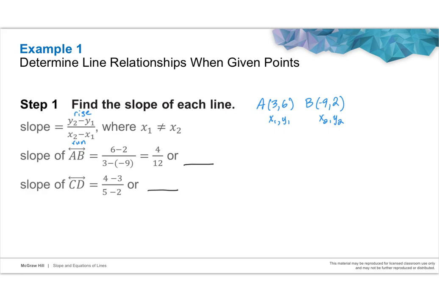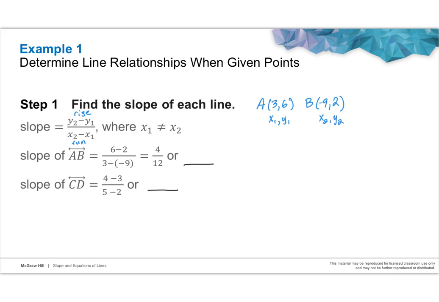Y1 minus y2. Notice the formula has y2 minus y1. Did that on purpose because it does not matter which point you label as x1, y1 versus x2, y2. But what does matter, if you'll notice, is that you stack those points in this slope formula. So if you use y2 first, you use x2 first in the denominator. All right. So if we substitute in those points, we have technically reversed these subscripts.